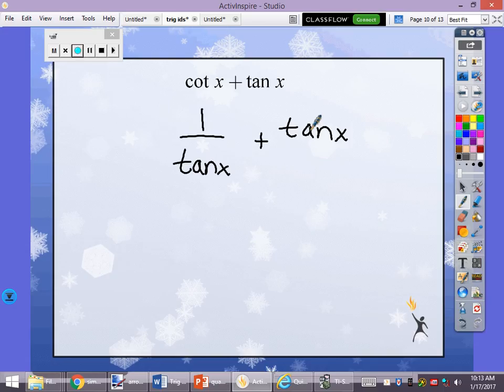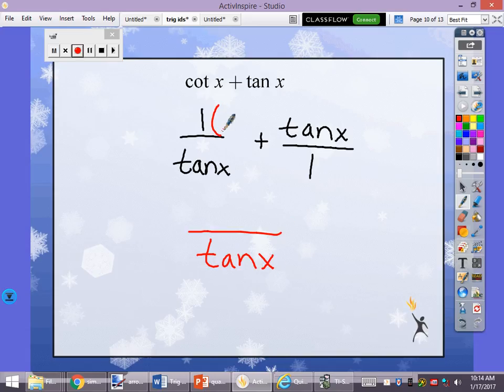Okay, so first thing, is it a trig identity? Nope. Rewrite it using the 3 basic trigs. I'm going to put this over 1. I have 2 fractions, therefore I need a common denominator. What's my common denominator? Tangent.